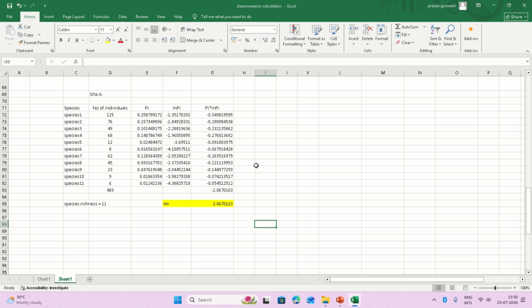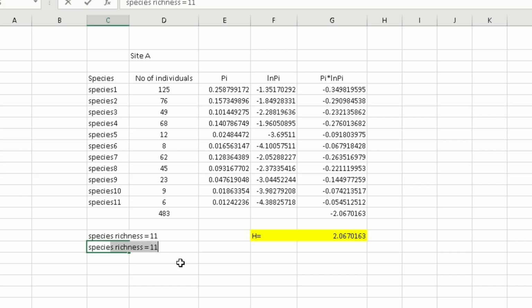But as you know, the Shannon-Wiener index is influenced by species richness and species evenness. So this value changes if either of these factors changes.